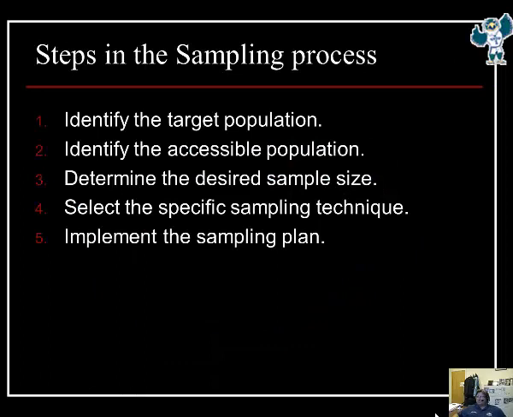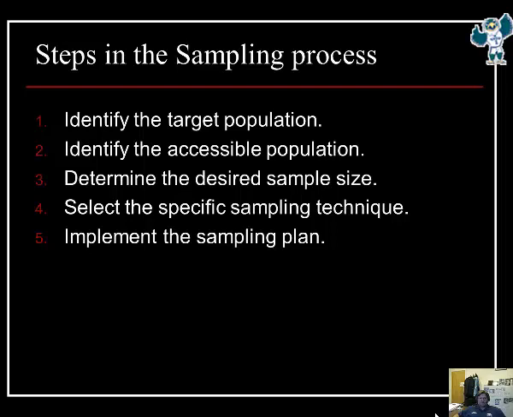Each research methods textbook has a chapter talking about sampling, and each one comes up with some slightly different steps in the sampling process. The textbook that we use for this class gives us the following 5 steps. Number 1, first step is we have to identify the target population.